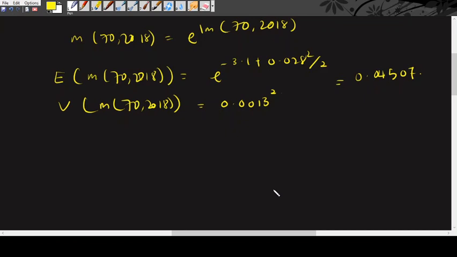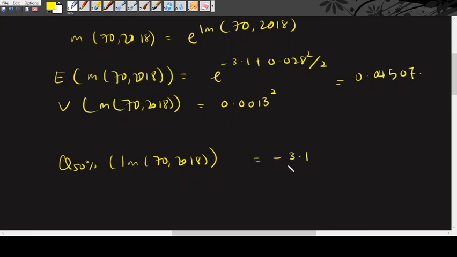The next thing is you want to find the median. Median is the 50th percentile. Let's denote that Qx is the quantile. So if we are looking for Q50% of log M70 2018, this is equal to negative 3.1.